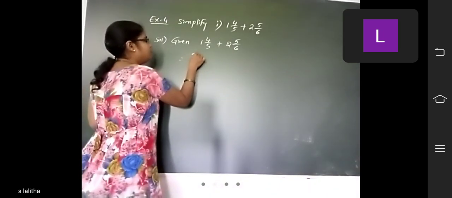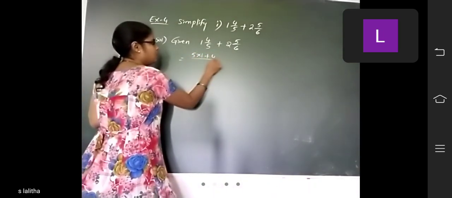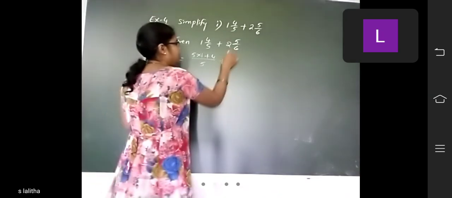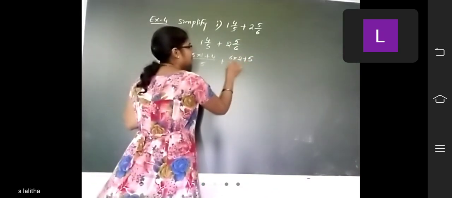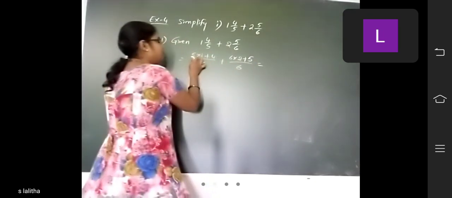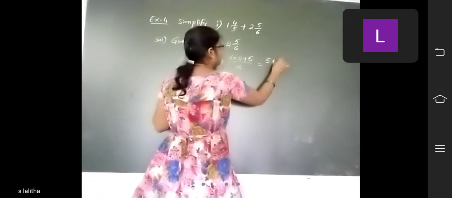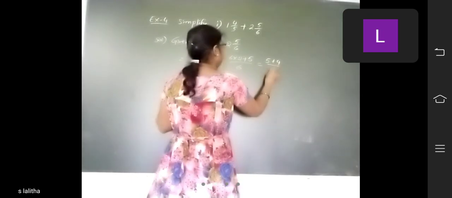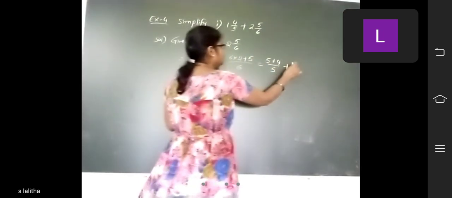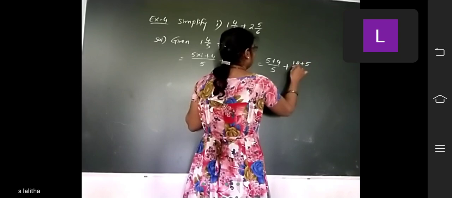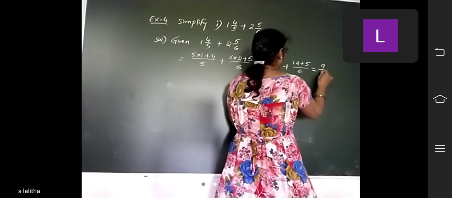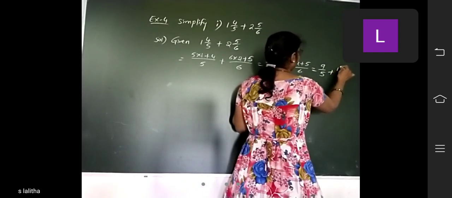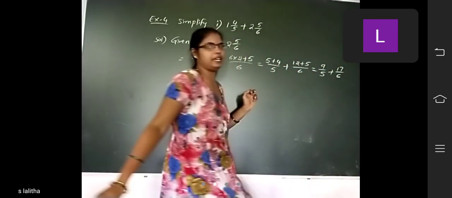So 5 ones 5 plus 4 by 5, plus 6 twos 12 plus 5 by 6. 5 plus 4 how much? 9 by 5 plus 12 plus 5, 17 by 6.